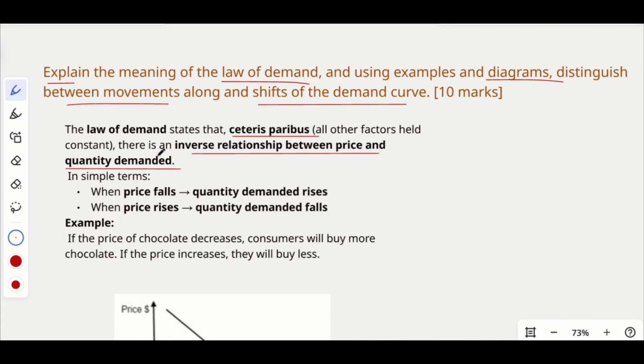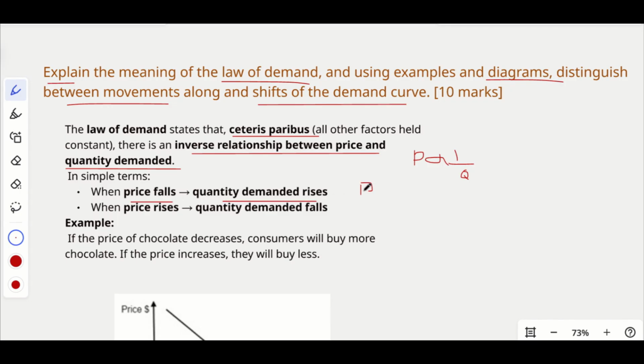So there is an inverse relationship between price and quantity demanded. Price is inversely proportional to quantity demanded. In simple terms, when price falls, quantity demanded rises.